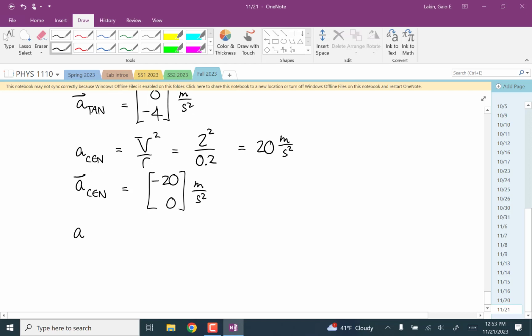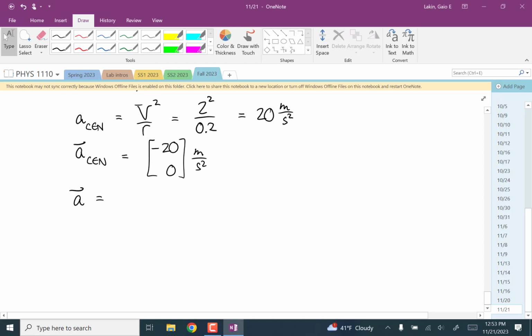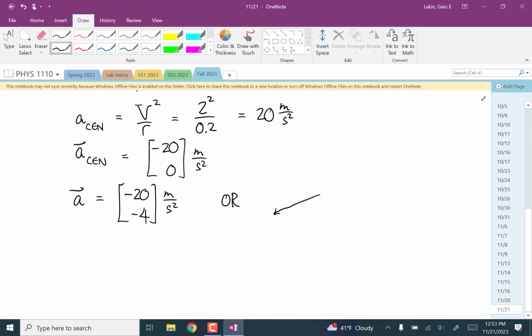And so finally, the total acceleration, just add up those two parts, and you get that the total acceleration of the point A is -20 in the x direction, -4 in the y direction, meters per second squared. Basically something like this with a magnitude of, what's the square root of 416?